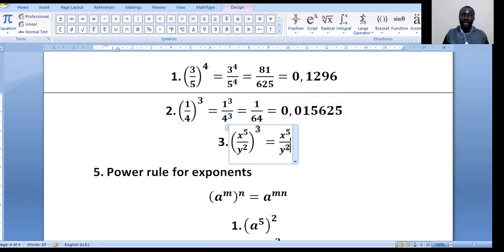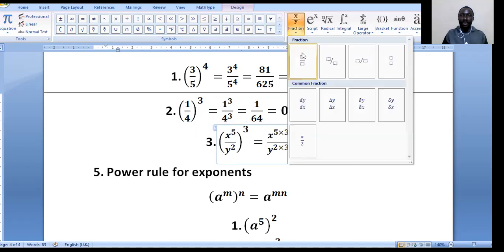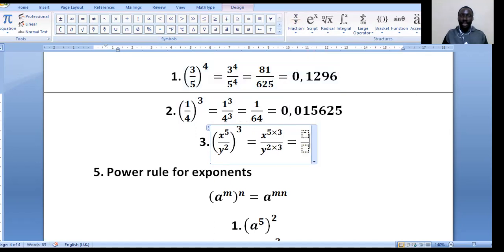Now there is this extra 3 outside. What we do with this extra 3 outside is simple. We just multiply it. So we'll be multiplying this exponent by 3, and also multiplying the lower exponent of y by 3, so that we get a much more simplified version. The next step will then be x raised to 15.